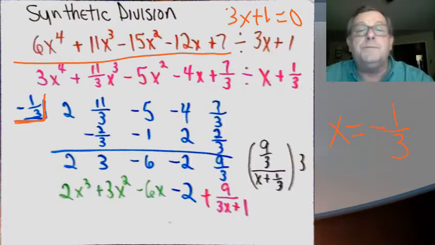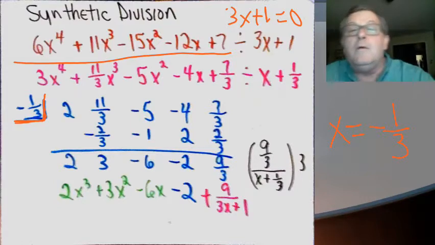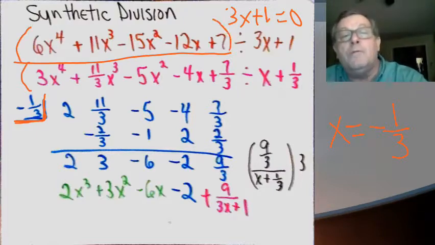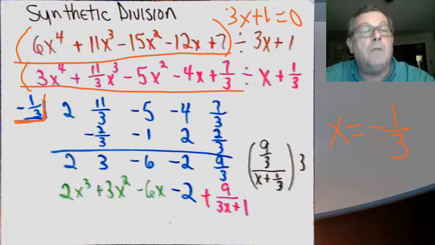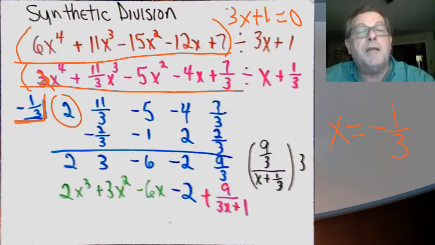Now, also, since I divided this factor by 3, we're going to factor 3 out of the entire polynomial, which gives me this as a result: 2x to the 4th plus 11/3 x cubed minus 5x squared minus 4x plus 7 over 3.